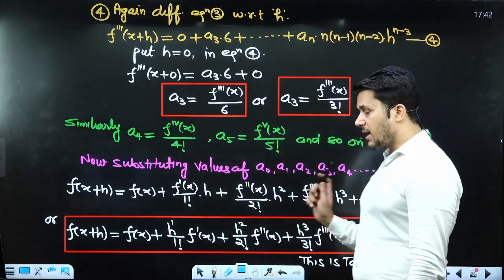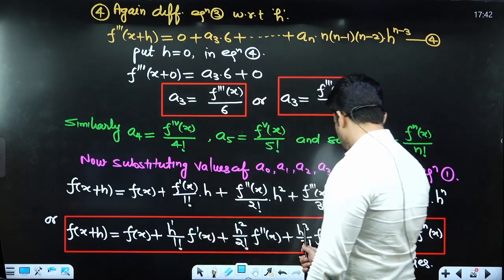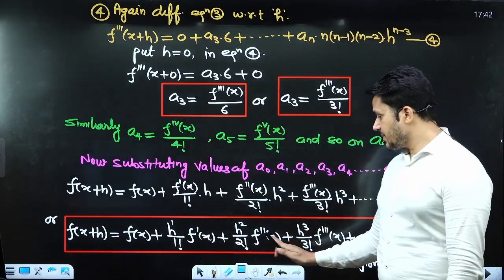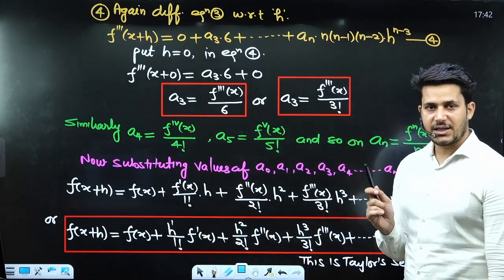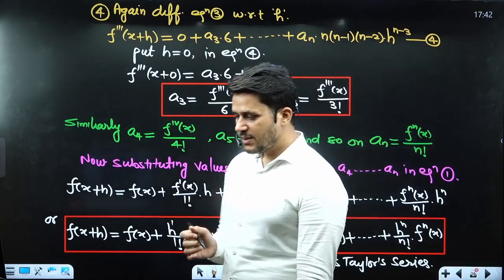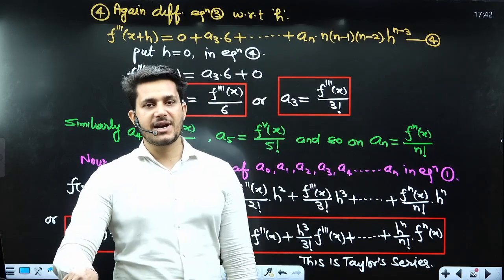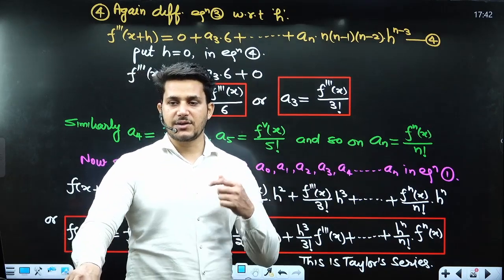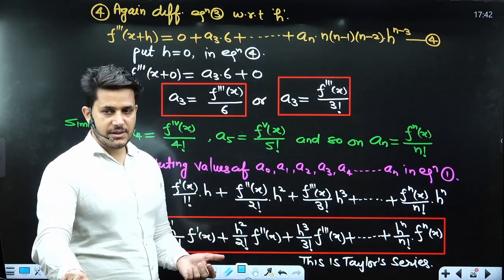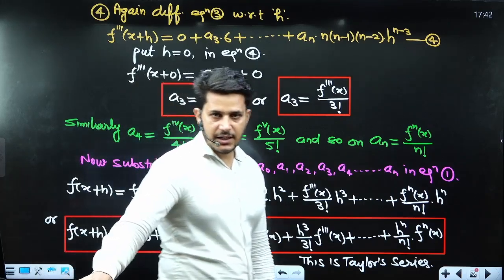You will write the value of h here, h की वैल्यू, और इसमें फंक्शन के अंदर जीरो नहीं रखते. मैक्लॉरिन में क्या होता है? मैक्लॉरिन में fx, f डैश x, f ट्रिपल डैश x उन सब की वैल्यू रखने के बाद h को जीरो रखते हैं, बट हियर इन दिस केस h को जीरो नहीं रखते.